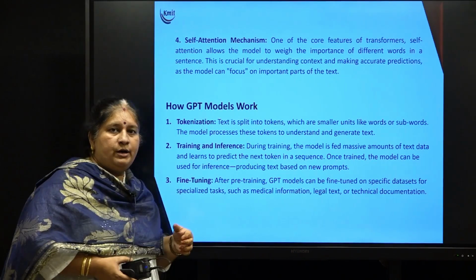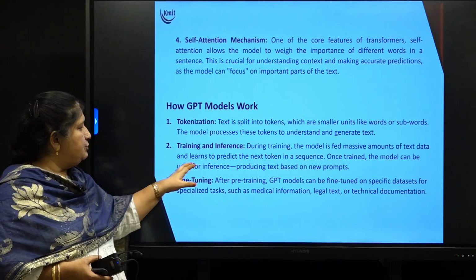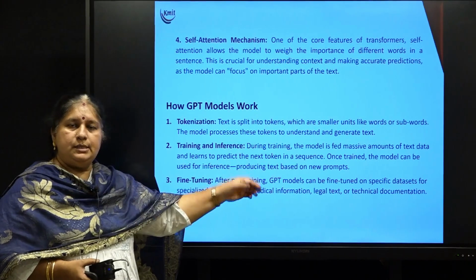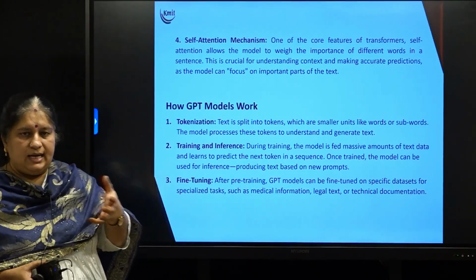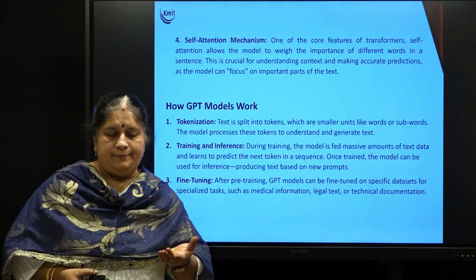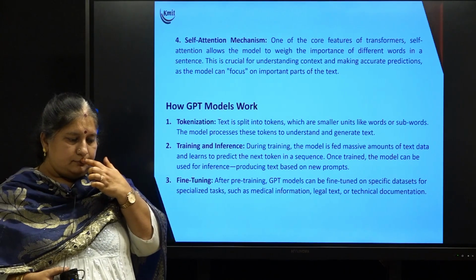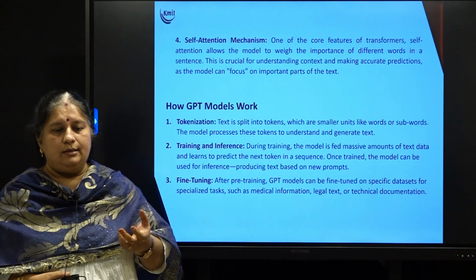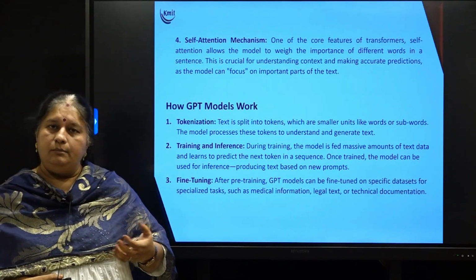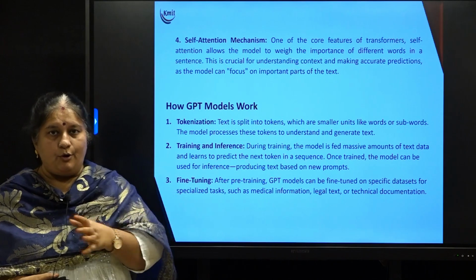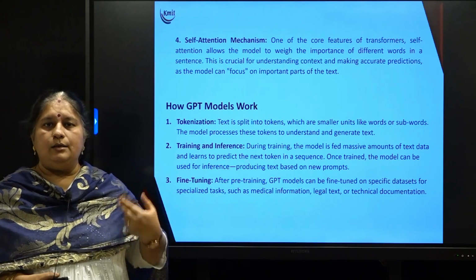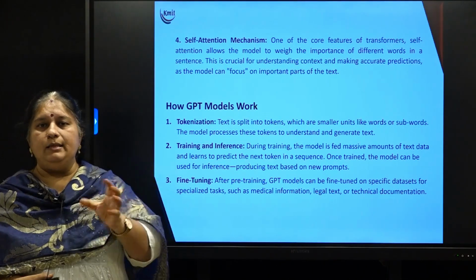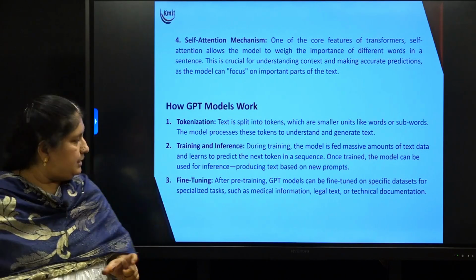And once the model is trained with the huge amounts of data, it can produce text based content whenever we give a prompt. For example, whenever we are using ChatGPT, we give a prompt like, tell me something about Mahatma Gandhi. This is the prompt. Then it will start producing the content by taking the prompt as the seed word, right?